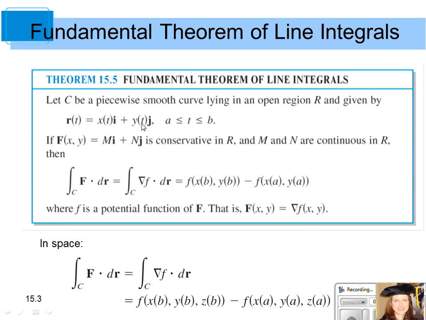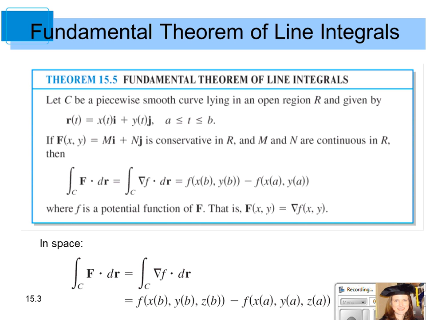Suppose you have this path represented by r of t, and you have a vector field F that is conservative. If it's conservative, then the line integral for work can be evaluated by the use of a potential function, where you're evaluating the potential function at the end point, the potential function at the beginning point, subtracting. This is your fundamental theorem of line integrals.